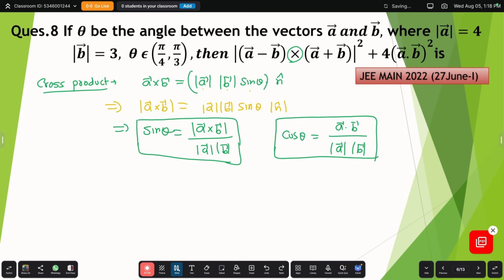Here we need an identity which is called Lagrange's identity. To solve this problem, we need Lagrange's identity. Do you know sin square theta plus cos square theta equals 1? This is the basic trigonometric identity.